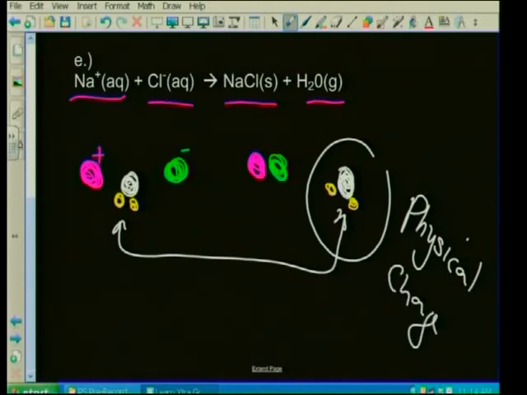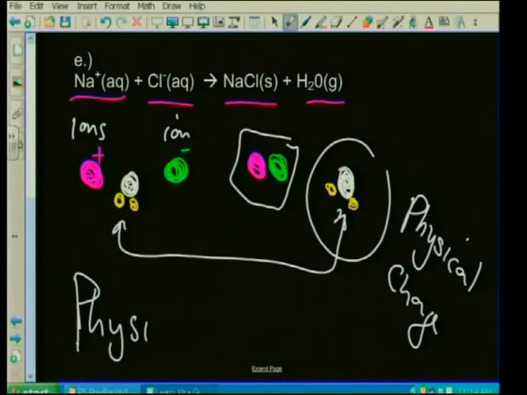But what's happened between the sodium ions, these are ions, and this is an ion? Well, they've got closer together. Now, they've got closer together and they've formed up into a new structure. There are some people that will say, because they've formed a new structure, and because they're not exactly the same as they were before, this is a chemical change.